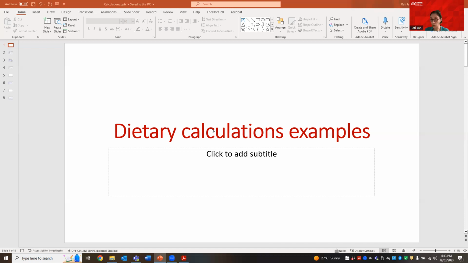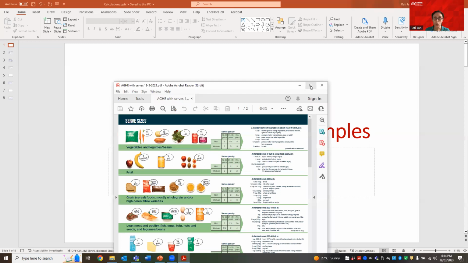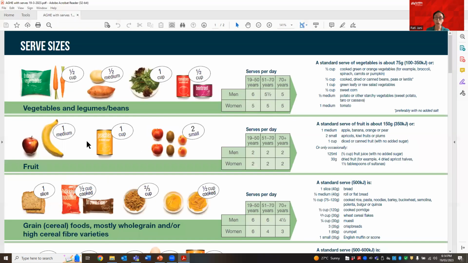You are always allowed to carry your handbook for your assessments. And the second document that will help you out with dietary calculations is the Australian Guides to Healthy Eating. So I have updated the document that you can carry in your assignments and exams in terms of Australian Guides to Healthy Eating.